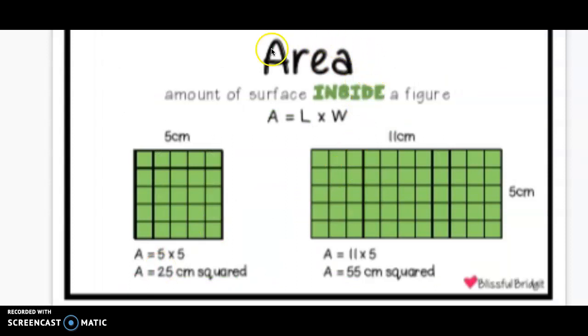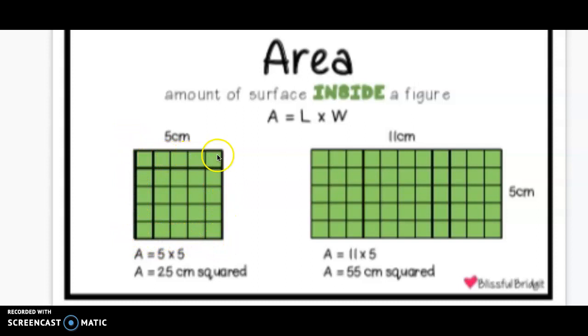When we measure the area, we are measuring the amount of surface inside a figure. So we would say, how much area is inside this 5 by 5 square?